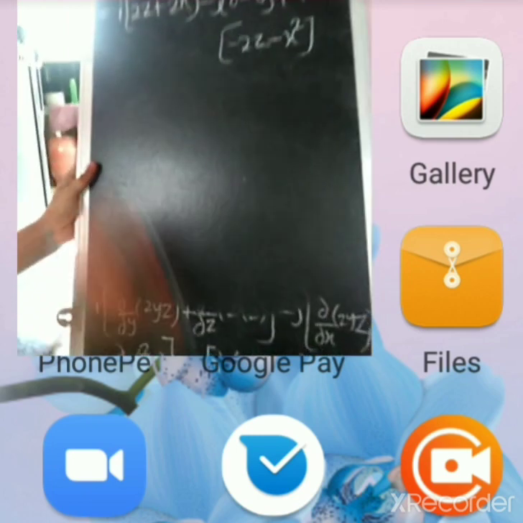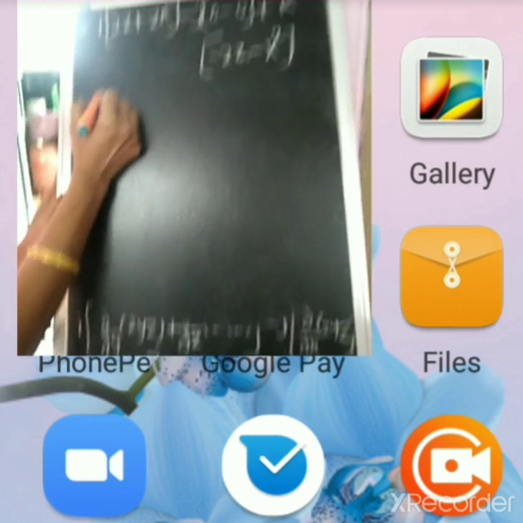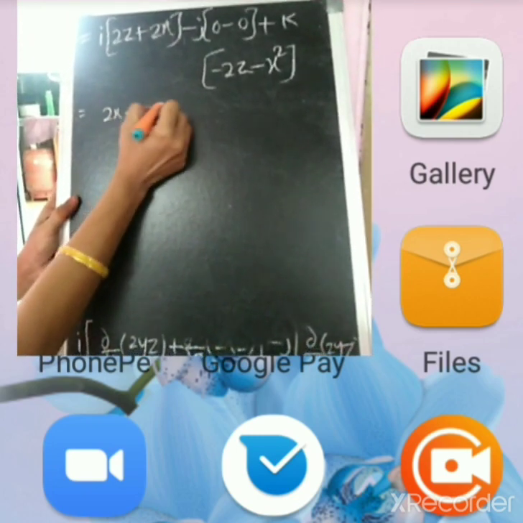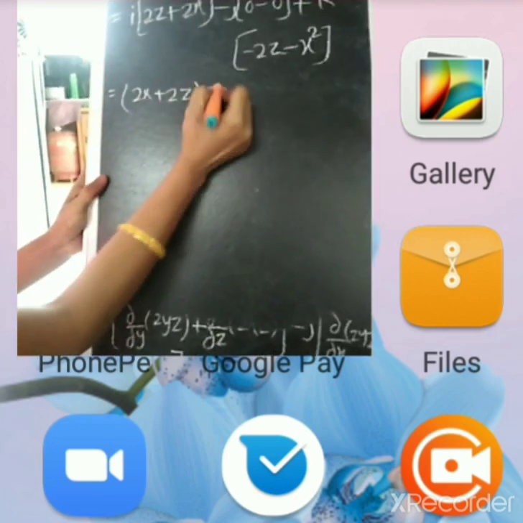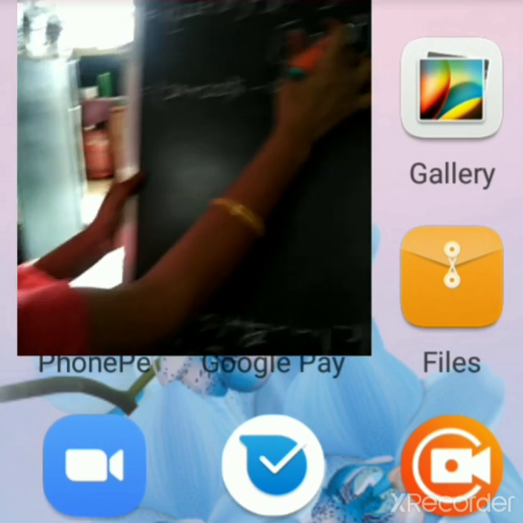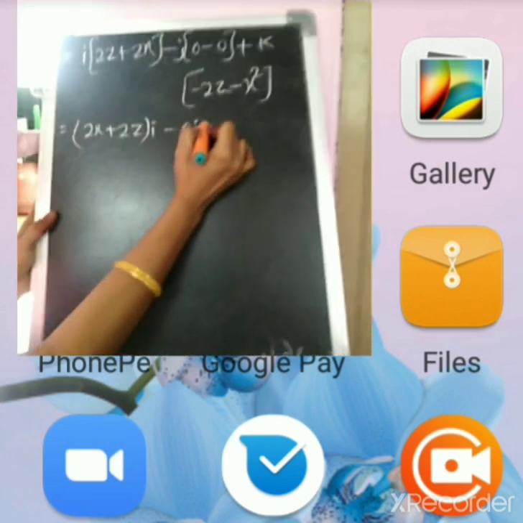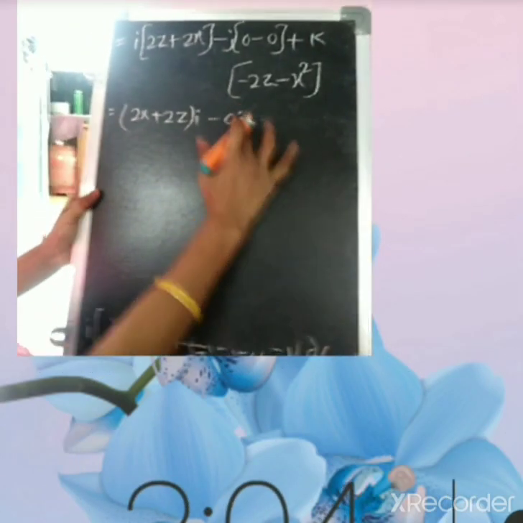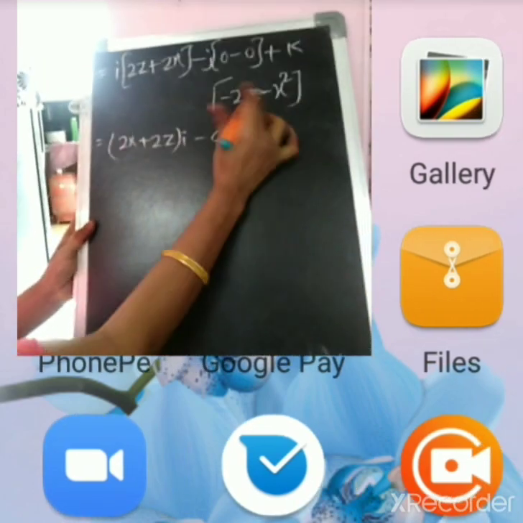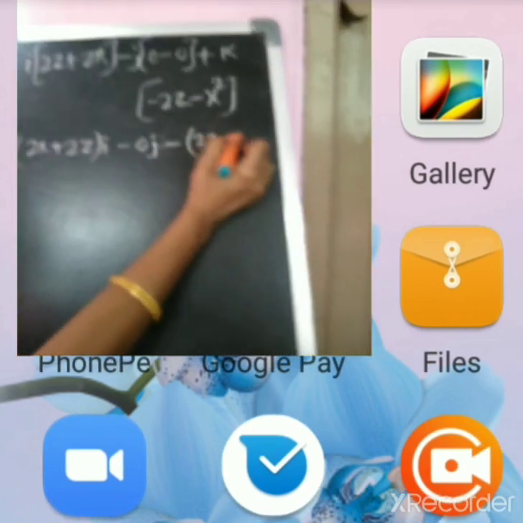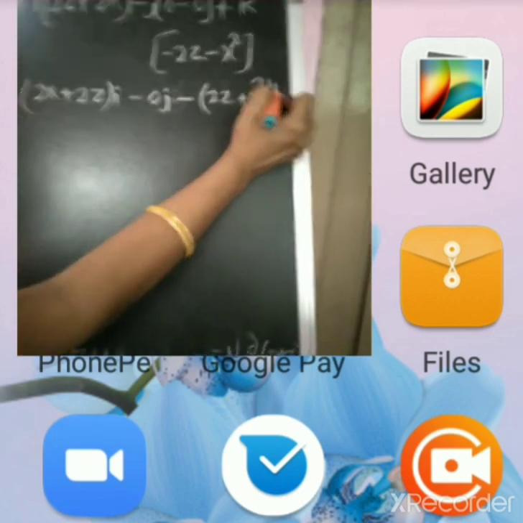Then again we can find curl A. So that is 2x plus 2z into i minus, here 0, the value is 0, j, here minus is outside common, so minus 2z plus x square into k.